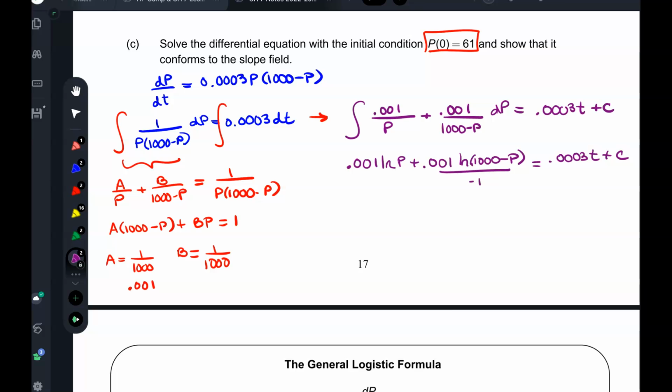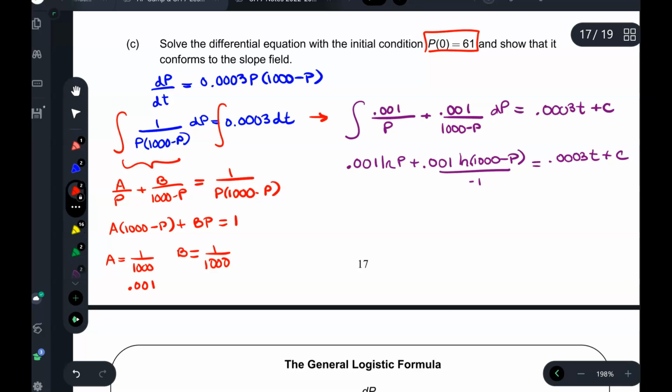Also, if you want, we can multiply everything by 1,000. That will just get rid of all of our decimals. You know what I'm saying? So if I multiply everything by 1,000, I'll just have natural log of p. Oh, let me change that to a minus.